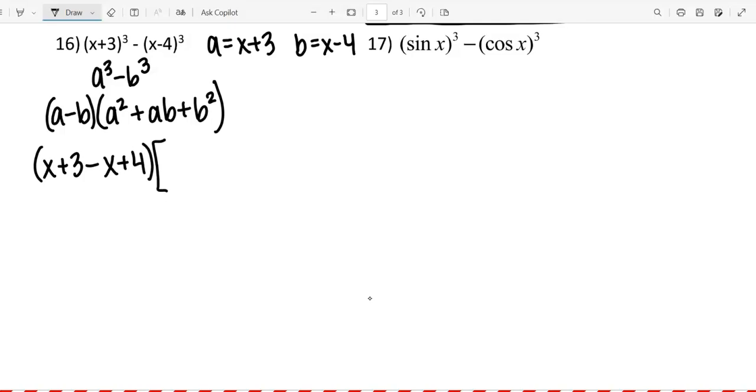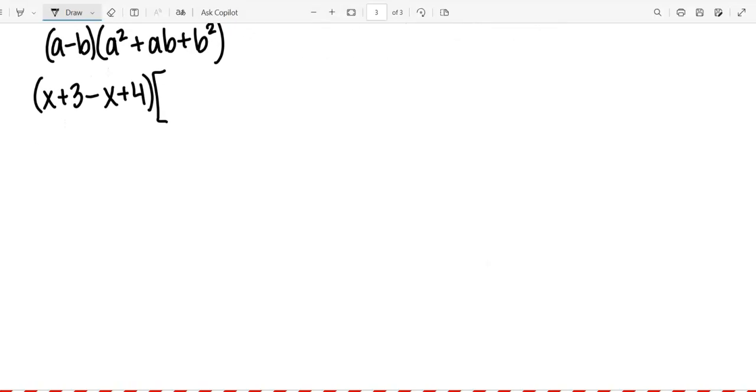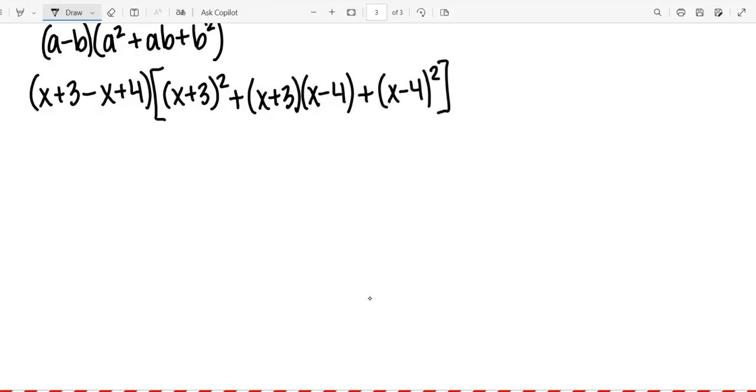Now I'm going to use a bracket because I told you you're going to have to put parentheses around a and b. A is being squared, so x plus 3 is being squared. Plus, a and b are multiplying, so you're going to have x plus 3 times x minus 4. Plus, b is being squared, so you've got x minus 4 squared.